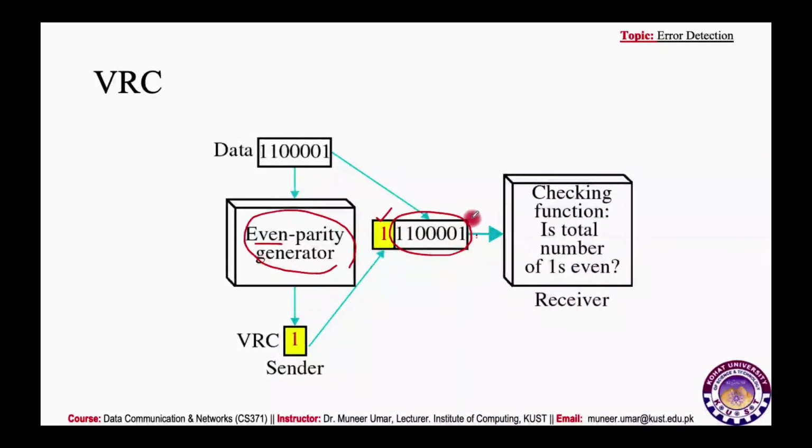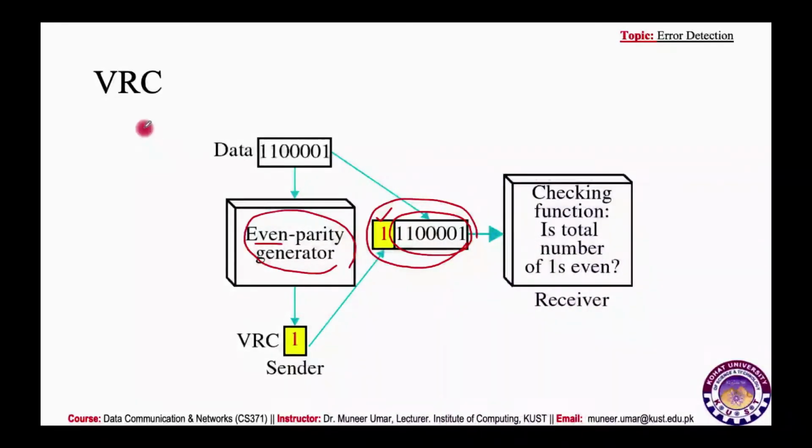This entire block, data plus parity bit, is transmitted to the receiver, and at the receiving end the receiver counts the number of ones, and if these are even, then the data is accepted, otherwise the data is rejected.